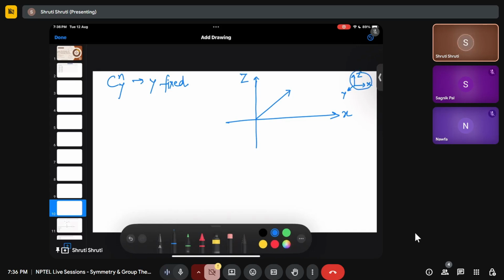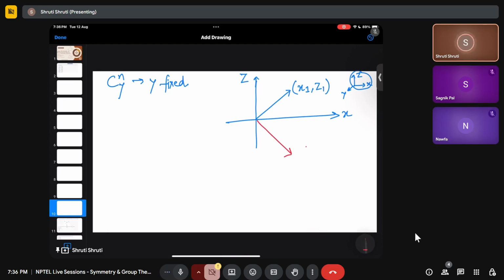Okay, now you have to rotate along this axis. Now this is my earlier coordinate x1, z1. If you rotate it along the new coordinate by an angle theta, it will come over here with x2, minus z2.